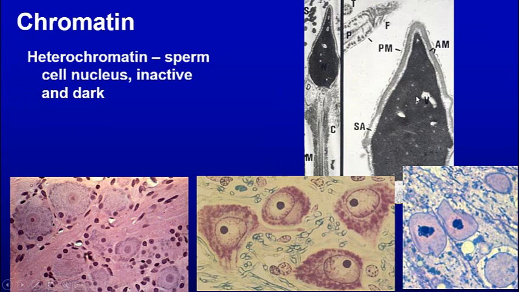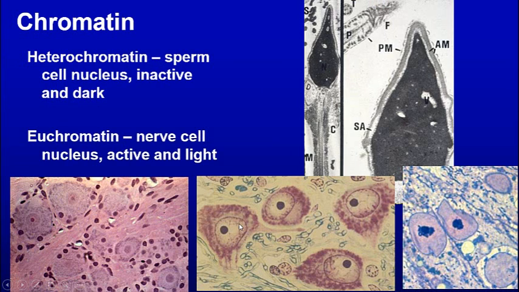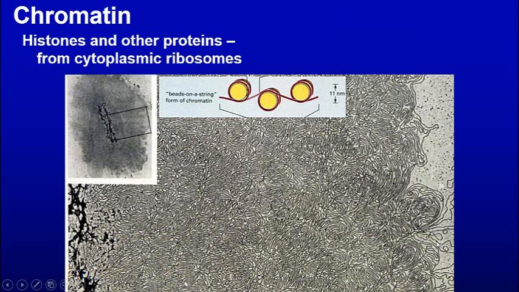The DNA inside of a sperm is heterochromatin, dark, inactive, and then you've got euchromatin, which is light staining, uncoiled DNA associated with transcription occurring.